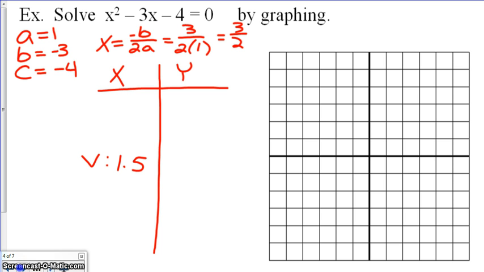For graphing purposes, I would recommend doing 2 to 3 values above and below the x-coordinate of your vertex. This will ensure that your graph will hopefully cross the x-axis. If not, with these values, you may have to add more values greater than and less than that vertex x-coordinate.